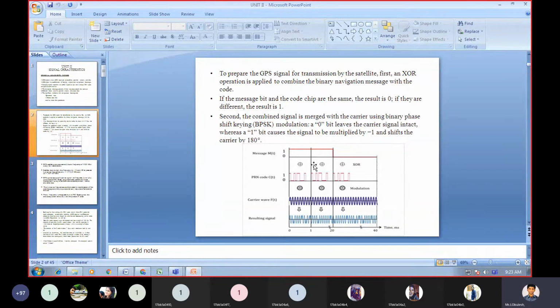Second, the combined signal: you need to merge the message and code chip signal with the carrier signal, using binary phase shift keying modulation. You combine the two signals, message bit and code chip, by merging them with the carrier signal using binary phase shift keying modulation.